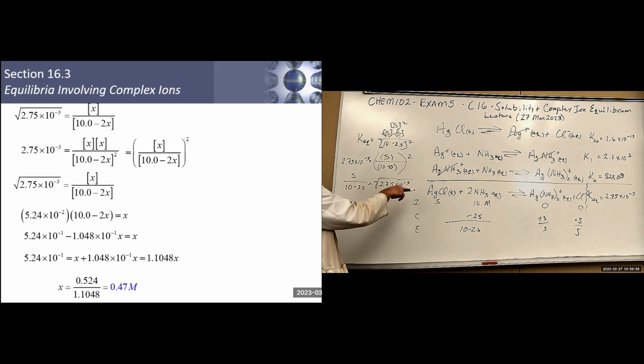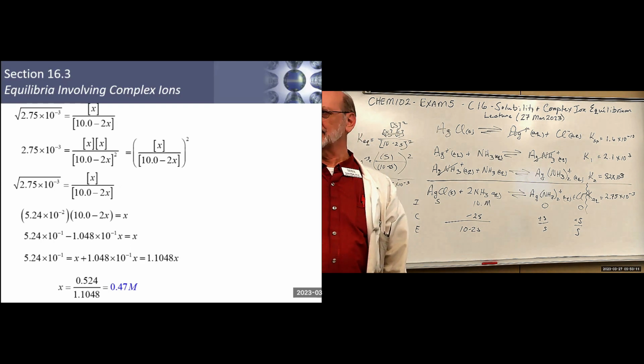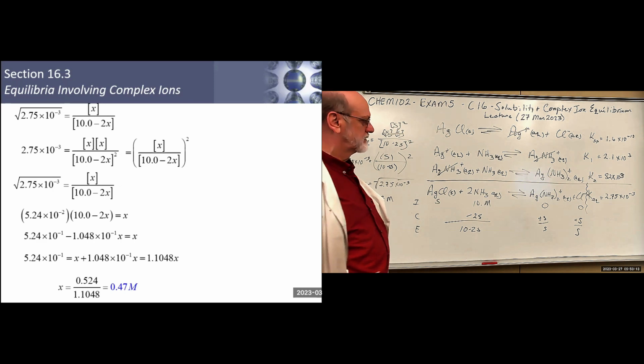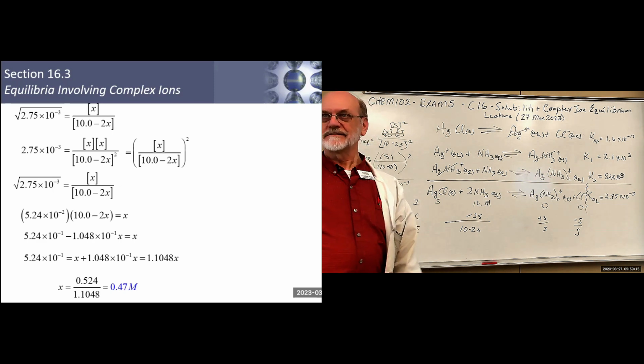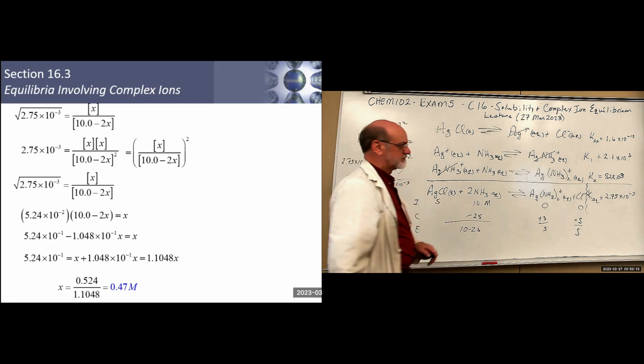So the solubility of silver chloride now, with this much ammonia, is 0.47 molar. That's quite a jump from what, 10 to the minus 5? Quite a bit. Just by putting in 10 molar ammonia.